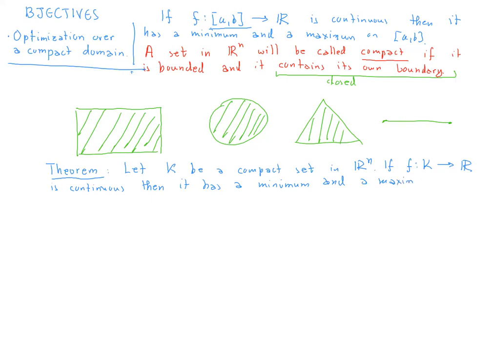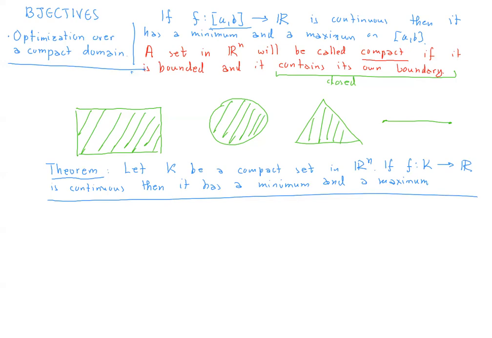It has at least one point where the output is smaller than every other output of this function on K. And it also has a point, a maximum, where the output at that point is greater or equal to any other output of the function on K. So this is a case where the minimum and the maximum are guaranteed to exist.